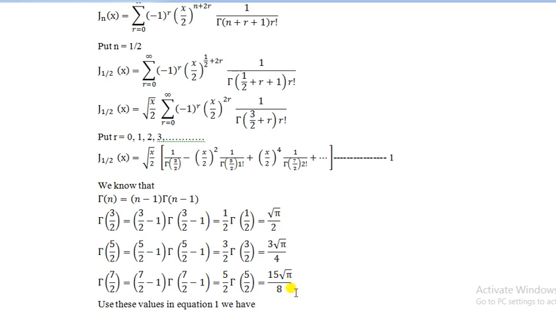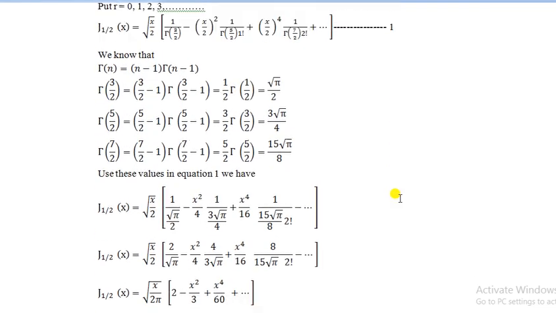After calculating these gamma values, now use gamma of 3 by 2, 5 by 2 and 7 by 2 in the denominators of equation number 1.